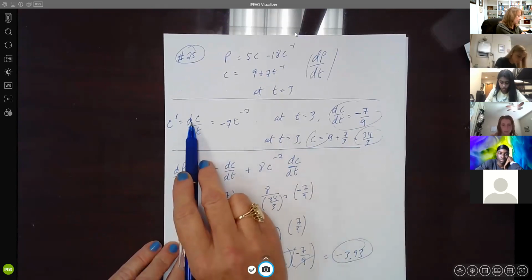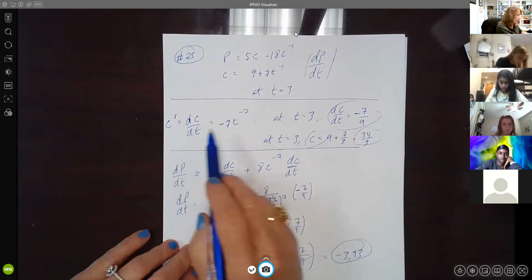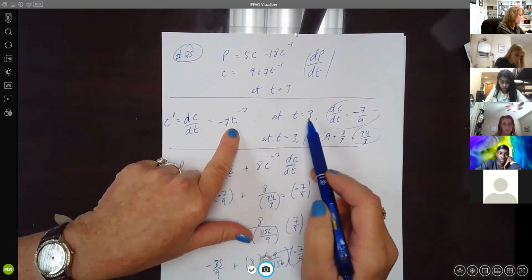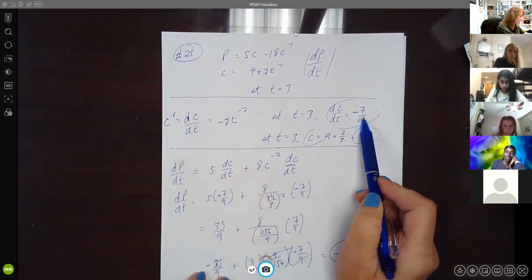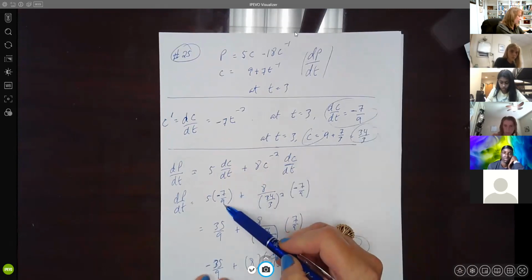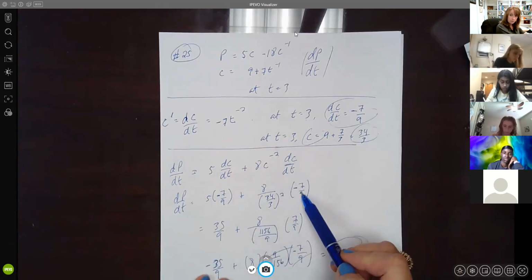Well, I know what dC/dt is because I evaluated my derivative at t equals 3. It was negative 7 over 9. And so that's what I'm going to put in here.